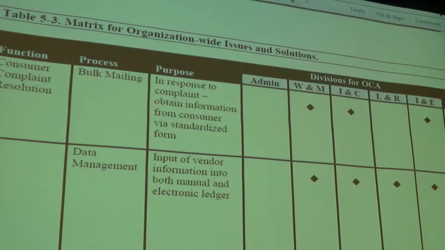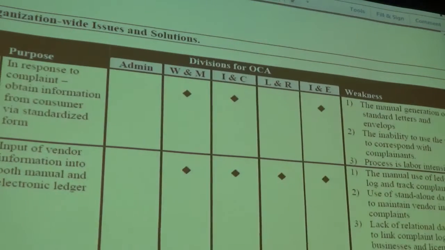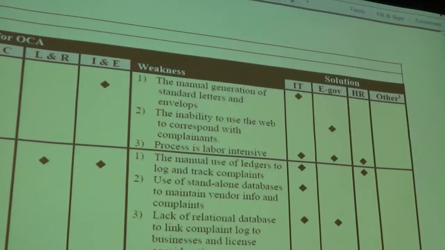The consumer complaint resolution process is to obtain information from consumers via standardized forms. That affects 3 divisions. We identify the weaknesses. These weaknesses then lead to the solution. Is it an IT solution, e-government solution, HR, or other?